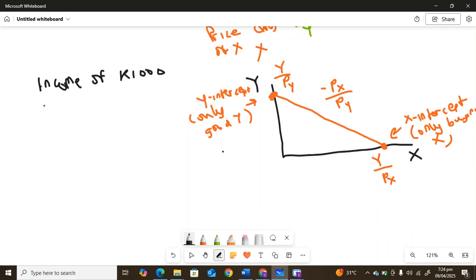Let's say there are two goods you can buy. Let's say good X. The price of good X is 2 kwacha, and the price of good Y is 1 kwacha.